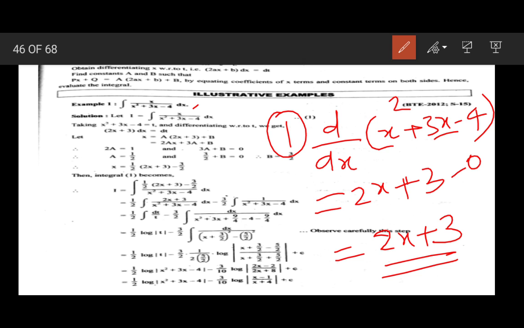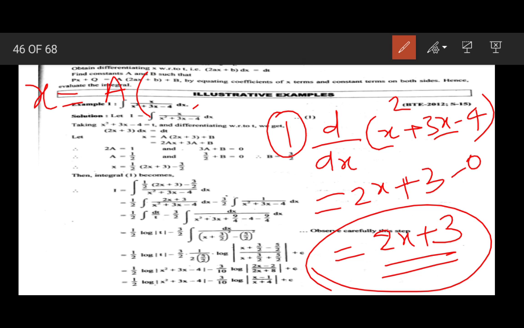Now after I got the derivative, in the second step I will write the numerator in the form of the derivative of the denominator. What I mean is, I am writing this numerator x as a into the derivative of the denominator, means a into (2x plus 3) plus b.